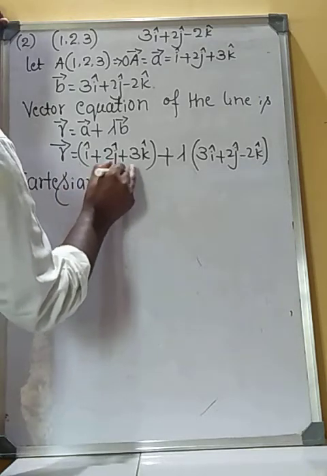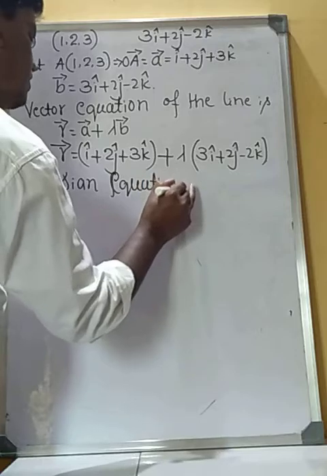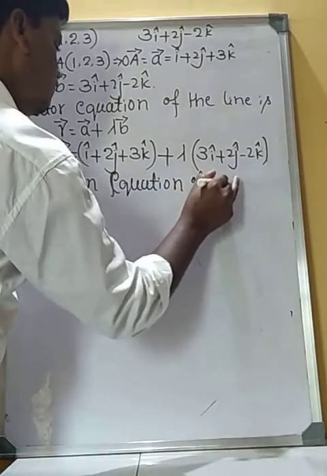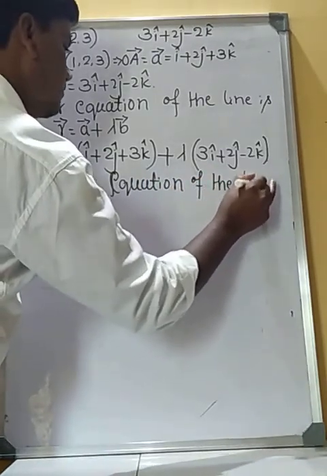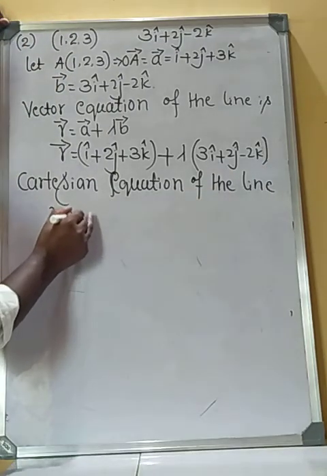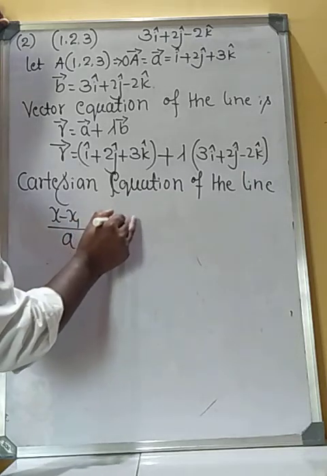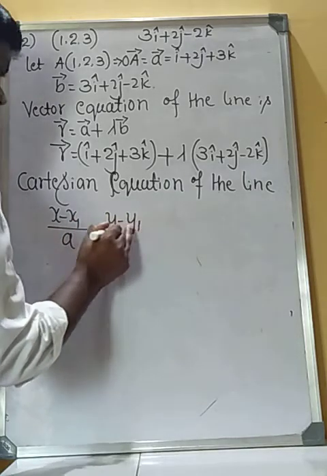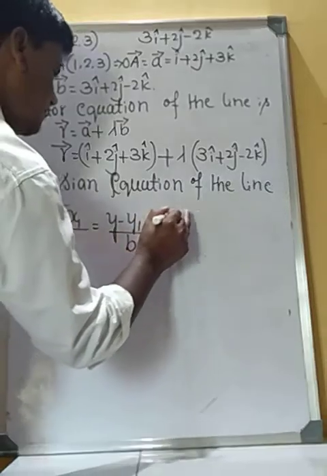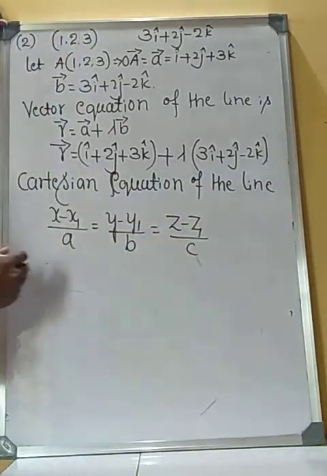And the Cartesian form of the equation of the line is (x minus x1) by a equals (y minus y1) by b equals (z minus z1) by c.